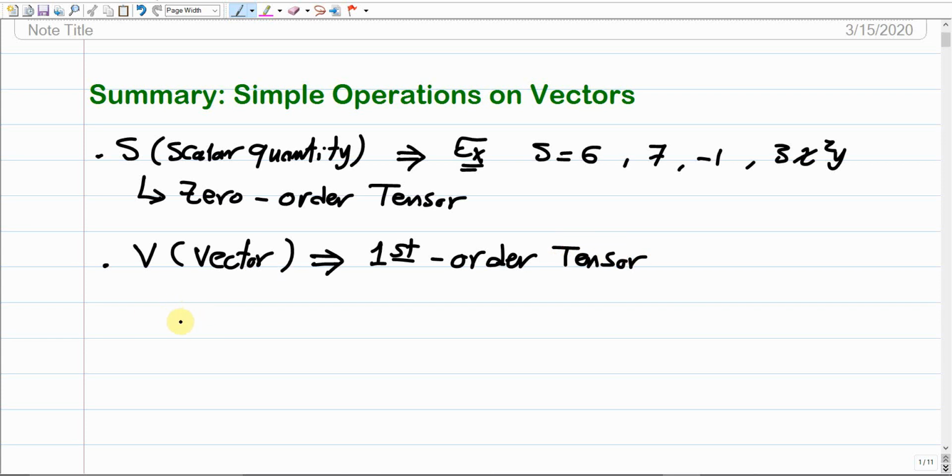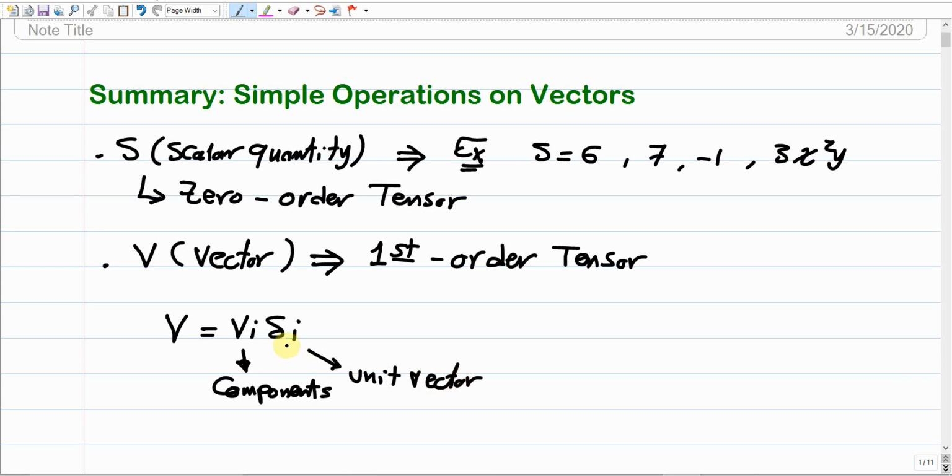And we said that generally the vector V, we can write in a compact form as V equals V_i delta_i, where the V_i are the components of the vector, while the delta_i is the unit vector.